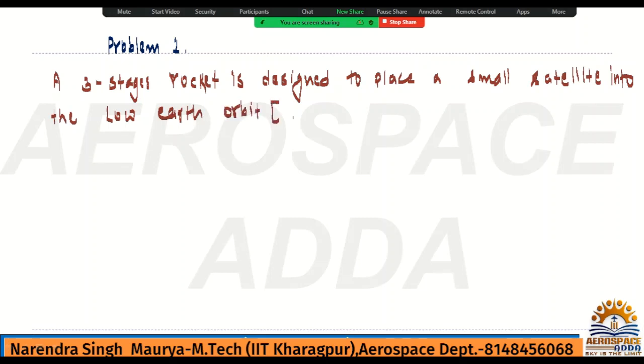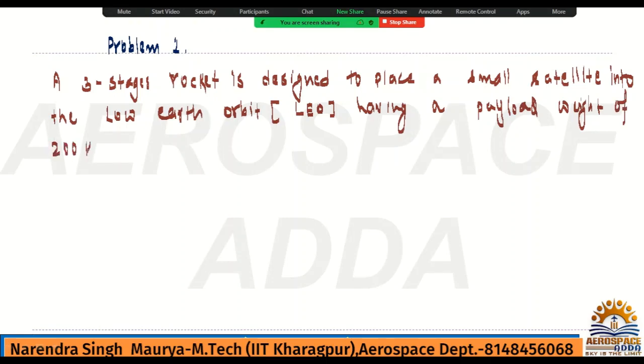You might have heard this word. It is called LEO. Having a payload weight of 200 kg.